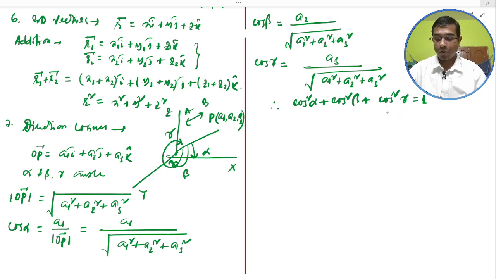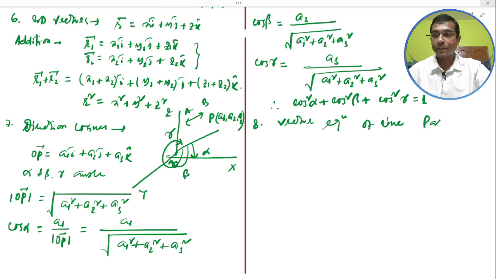Vector equation of a line passing through the points A and B, very important. Number 8. Vector equation of a line passing through two points, A and B, basically in this form.